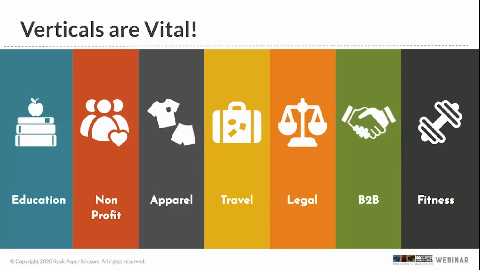We touched on this a little bit throughout, but your vertical is vital. So what sector of business are you in? And that really has to be your benchmark if you're looking for how your ad should be performing against the greater whole of advertisers in your area.